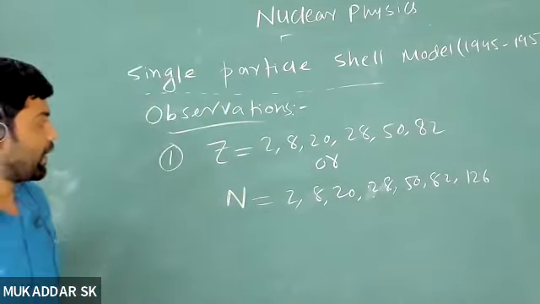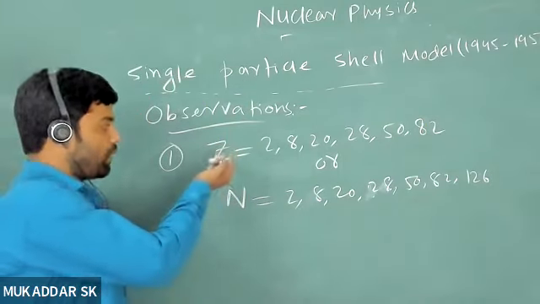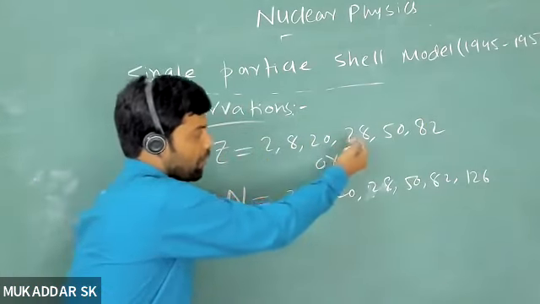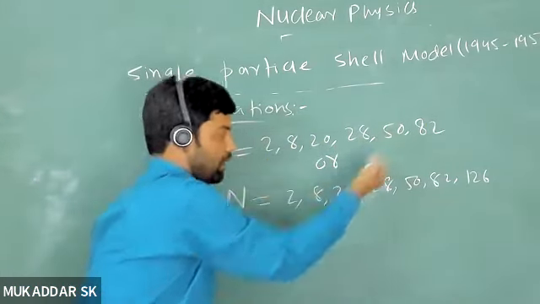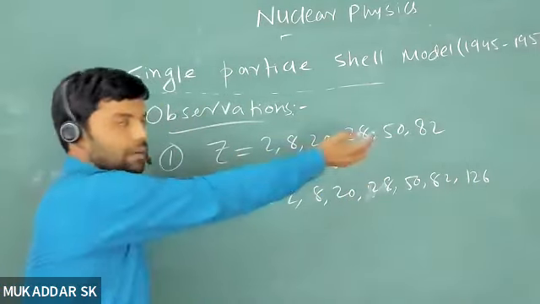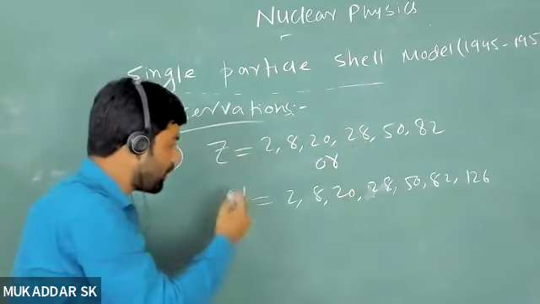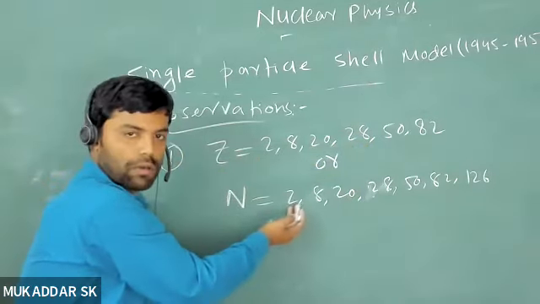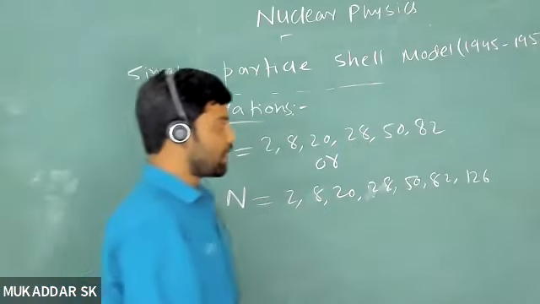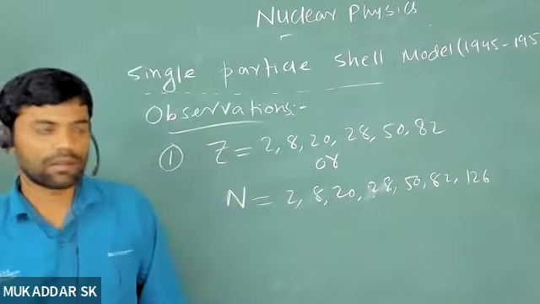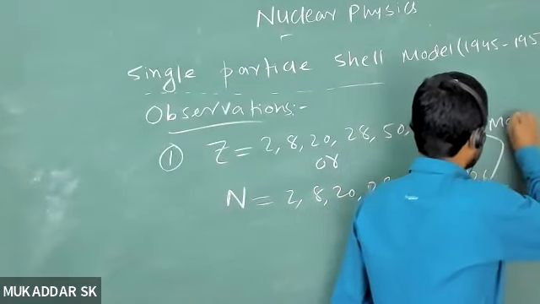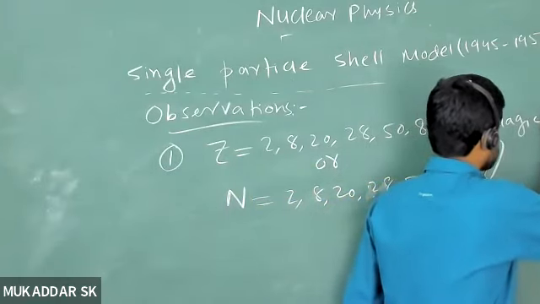So if any nuclei contain this many protons, or this many neutrons, they are found to be most stable in nature. So they are basically called what? They are basically called magic numbers.